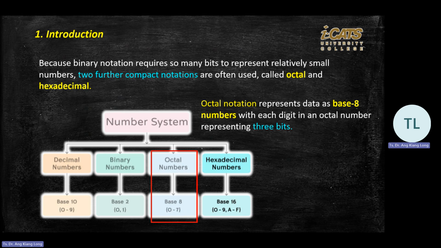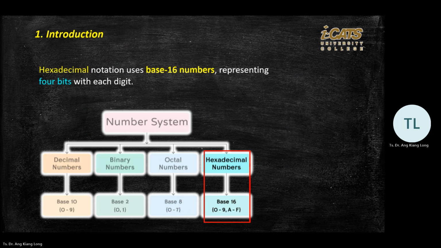Today we'll be talking about something like computer science, in that direction. Octal numbers are 0 to 7 and so on. Hexadecimal, base 16, represents 4 bits. So base 2 is 1 bit, base 8 is 3 bits, and base 16 is 4 bits for each unit.